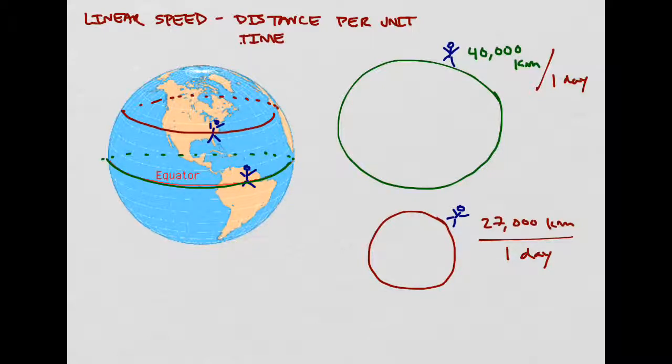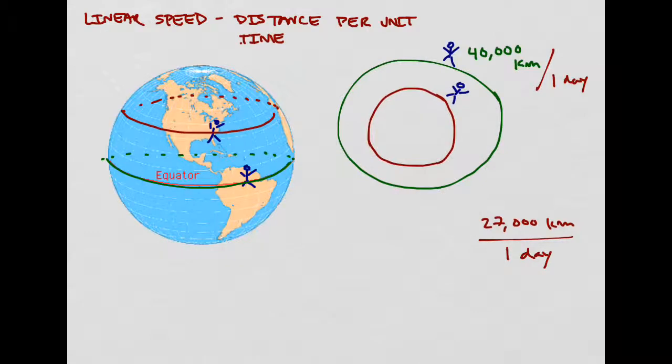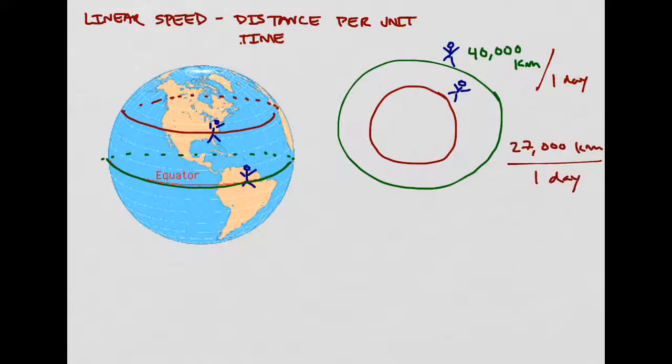Bear with me for a second. I'm going to move the circle inside here. You should know from this that this is linear speed, which is also called tangential speed.